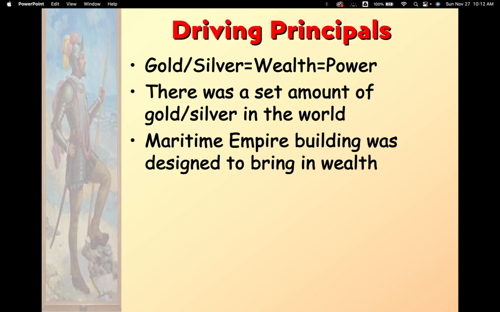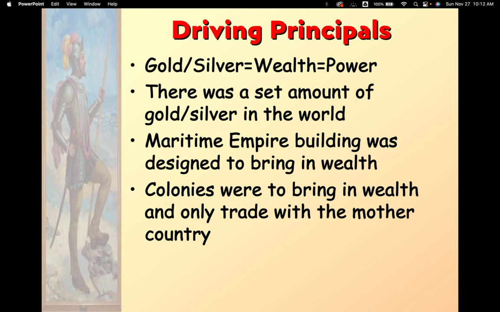So, to do that, you build a maritime empire to bring in wealth, wealth in the form of commodities that you can sell for gold and silver, wealth in the form of raw materials so you don't have to buy them from other nations, wealth in the form of finished goods that you sold to other areas. These colonies, they began to bring in wealth.